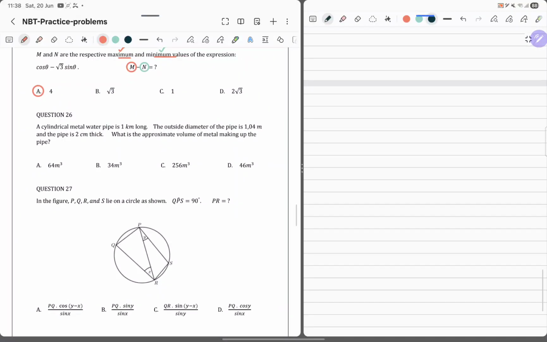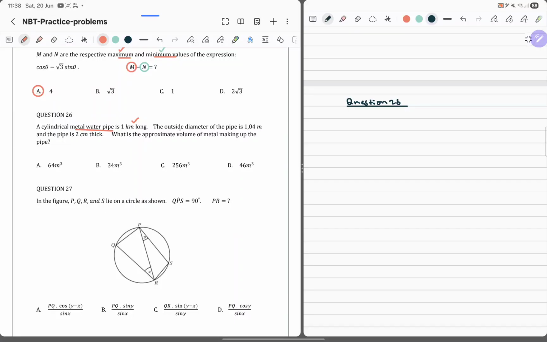Let's look at question 26. Question 26 says a cylindrical metal pipe, a water pipe, is 1 kilometer long.